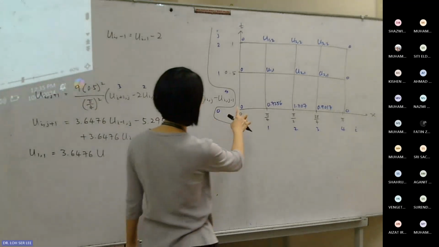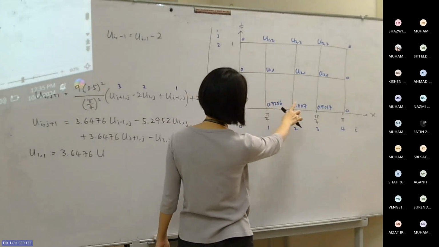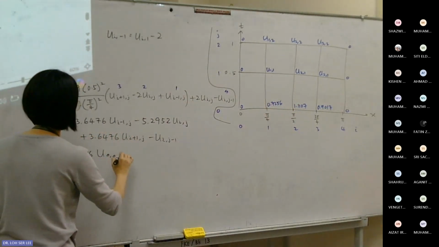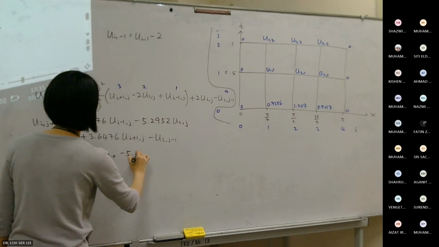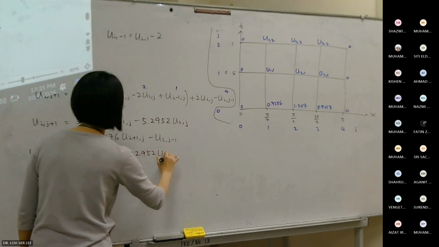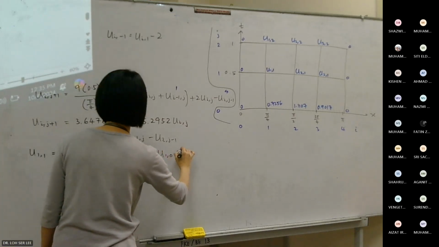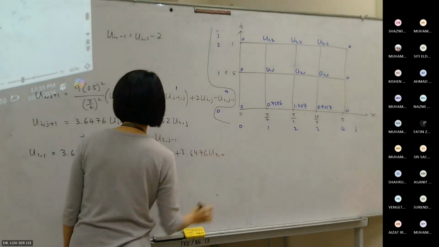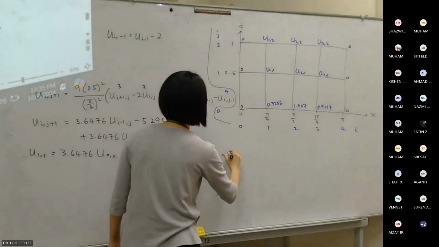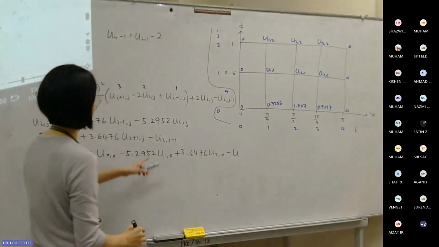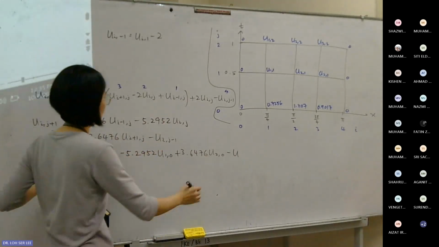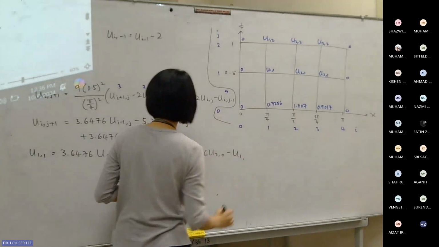This is u00, u10, u20, then minus, okay, I is 1.